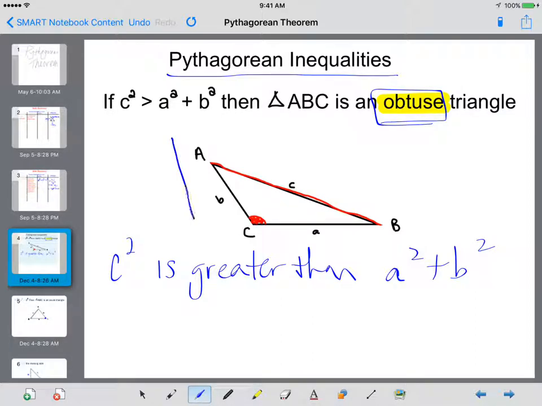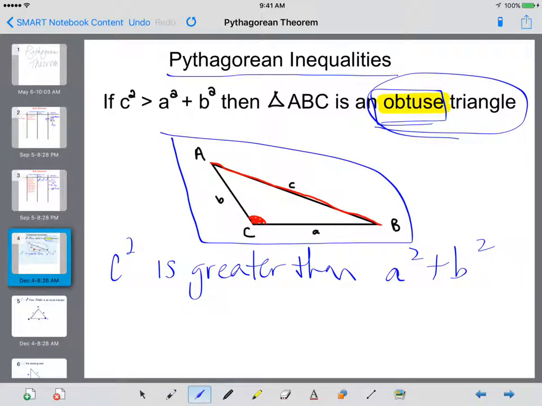And you can draw this diagram right here for the diagram. So Pythagorean inequalities, obtuse triangle, that is your word you're looking for. C squared is greater than a squared plus b squared, that's your definition, and your diagram has been circled.